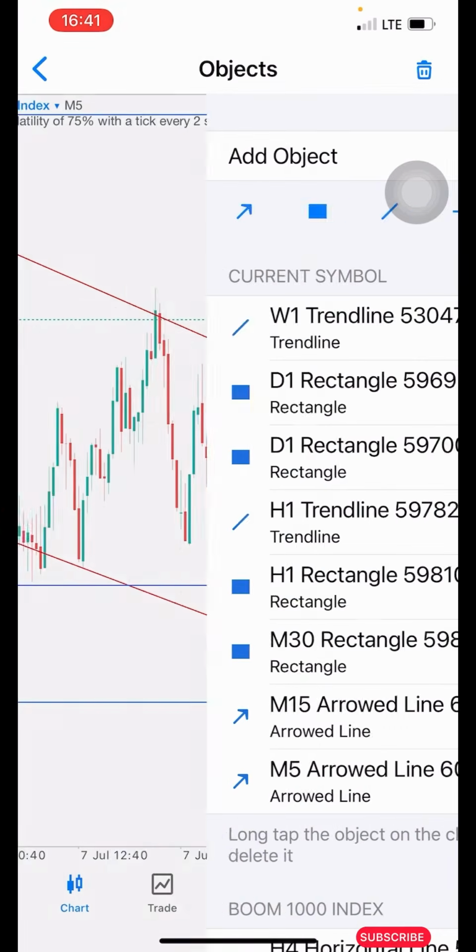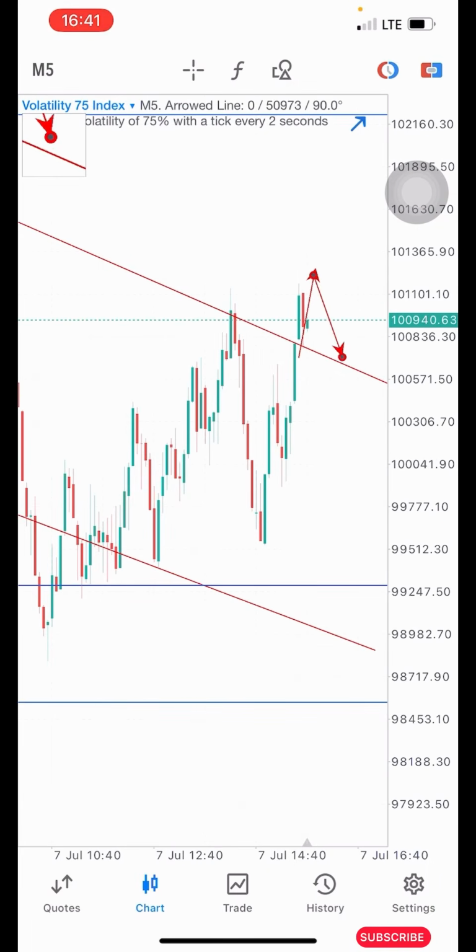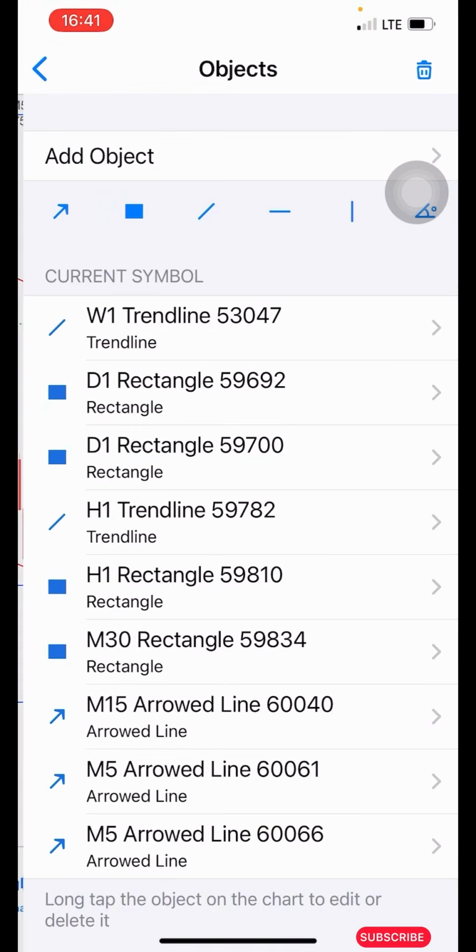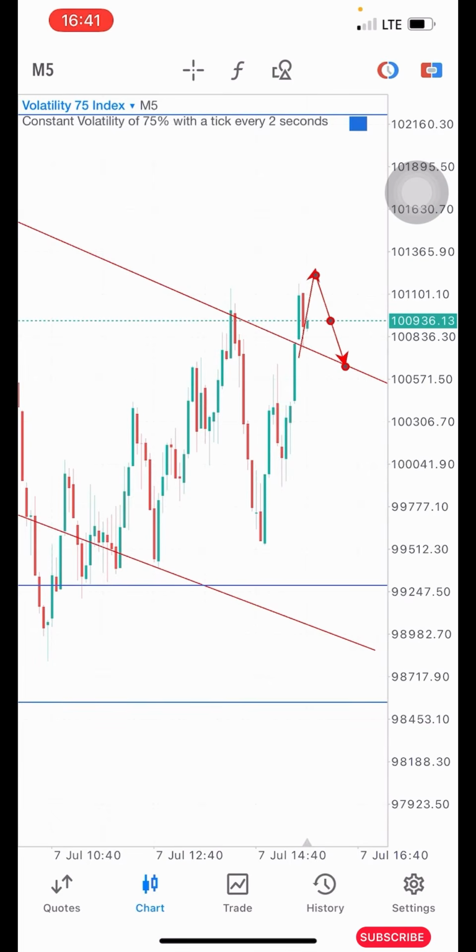As you can see, it's coming for the retest already, for it to retest like this, all right? And around this area here, you can look for your buy again, all right? That's the second way to do it.